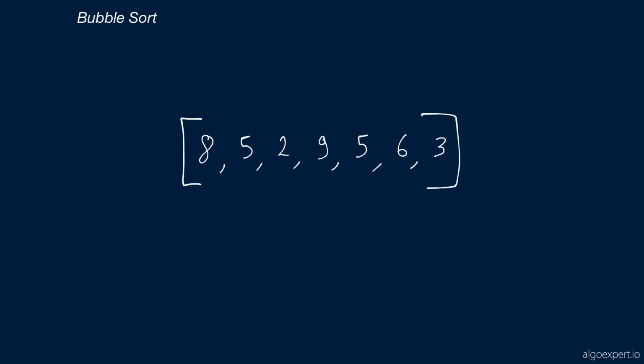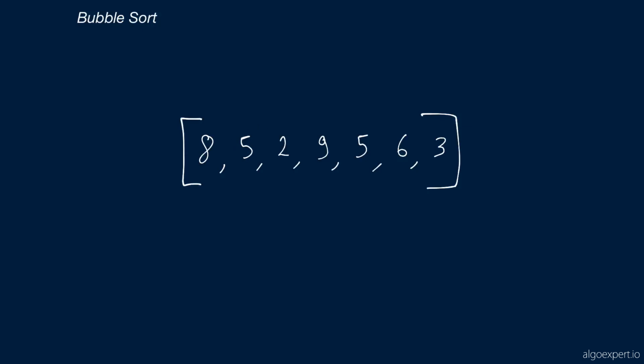More precisely, the first time we iterate through this array, we're going to traverse through it from the start all the way to the end. At each number that we're at, we're going to check the current number and the number that comes right next to it. In the first example, we start at 8, 8 being our current number and 5 being the number that comes after 8.